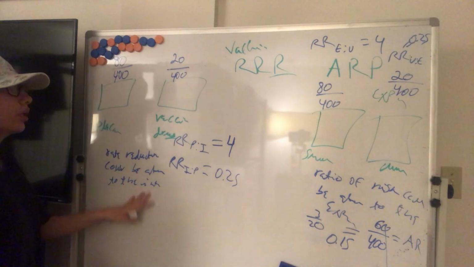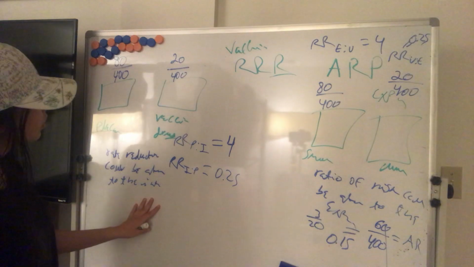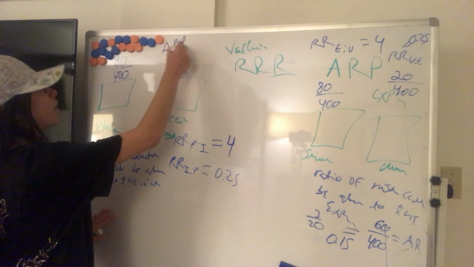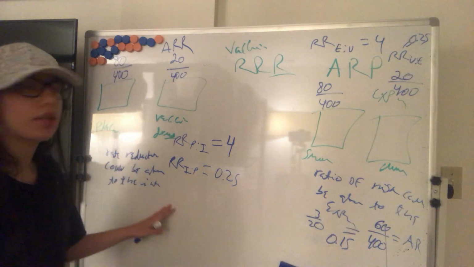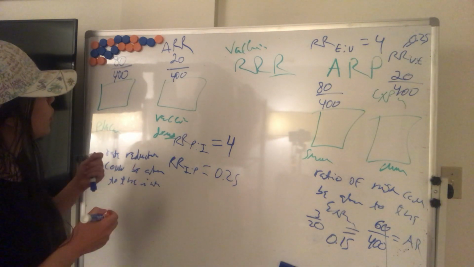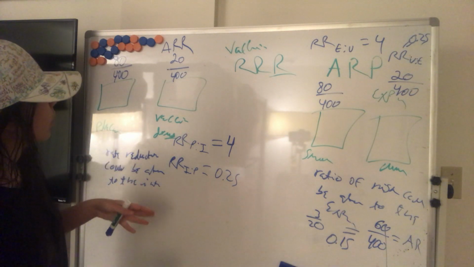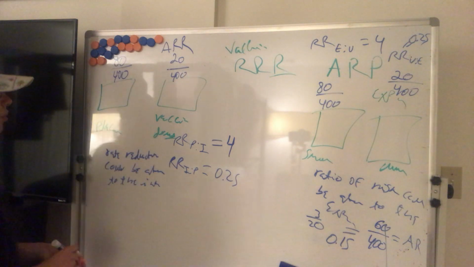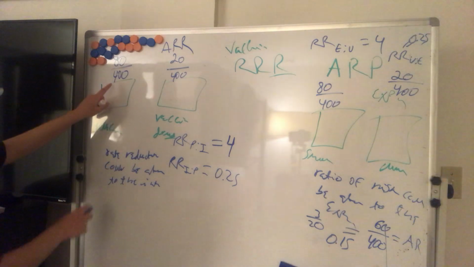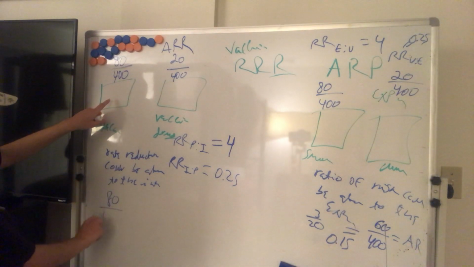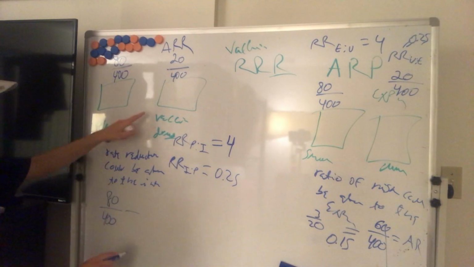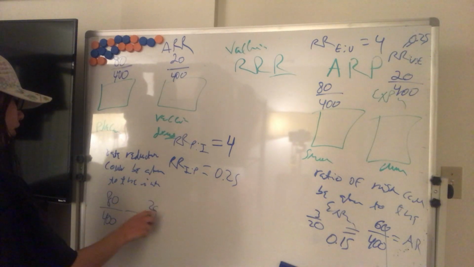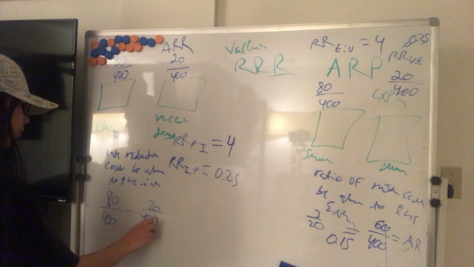Here we are not talking about the attributable risk but the attributable risk reduction, but it's exactly the same thing: how much risk reduction we can attribute to the intervention. So before the intervention 80 out of 400 got the disease, and now with the intervention just 20 out of 400 got the disease.